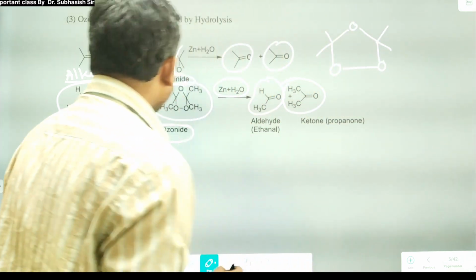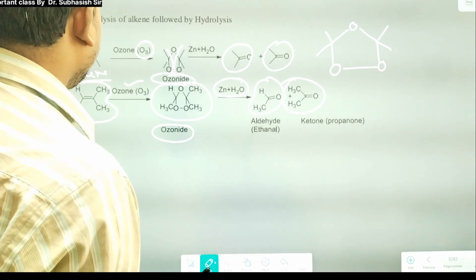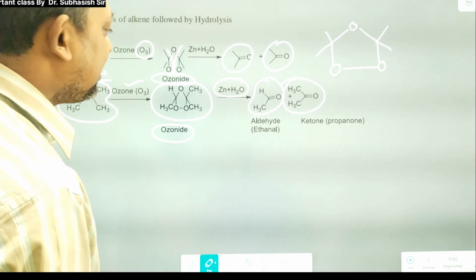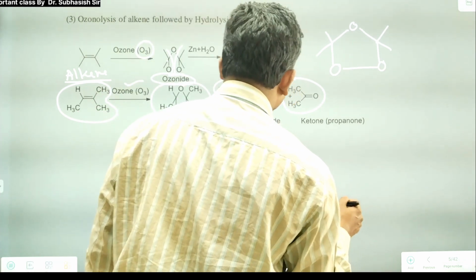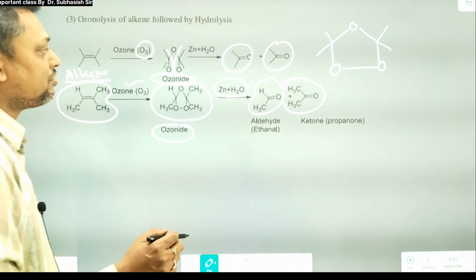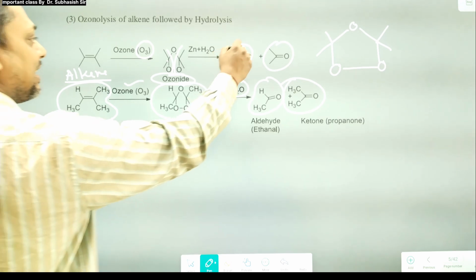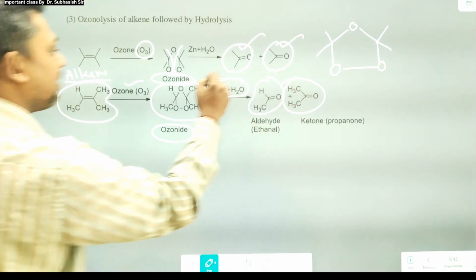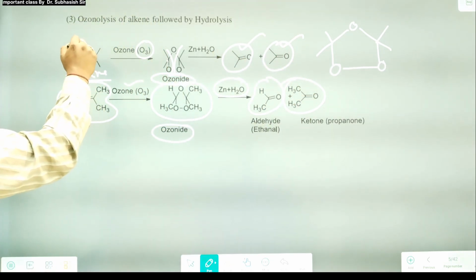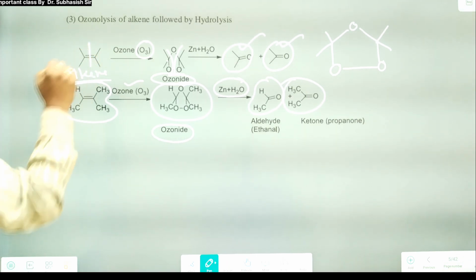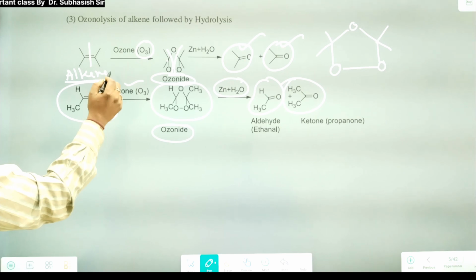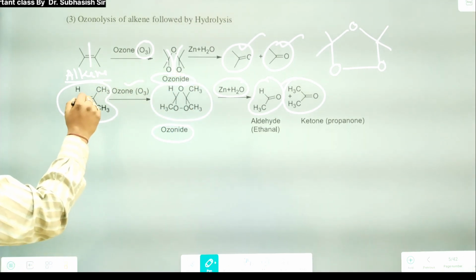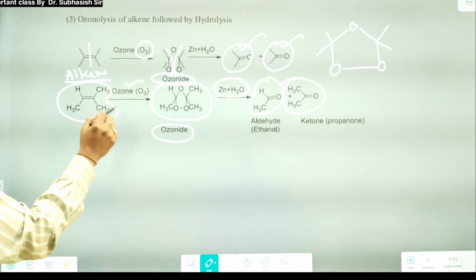This reaction is called an addition reaction, or also ozonide formation. You can get different kinds of compounds. For example, in this case you are getting two similar carbonyl compounds, because this alkene is symmetrical. From the same site you will get two same products, but here you can see it is different.